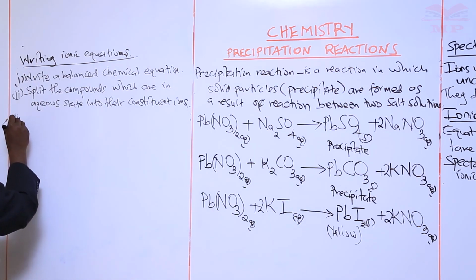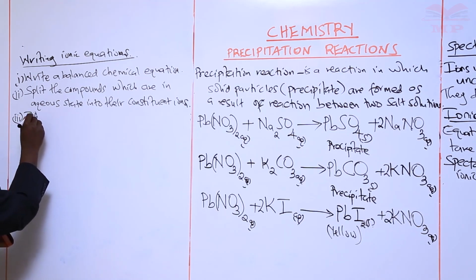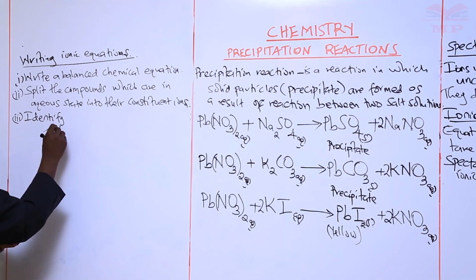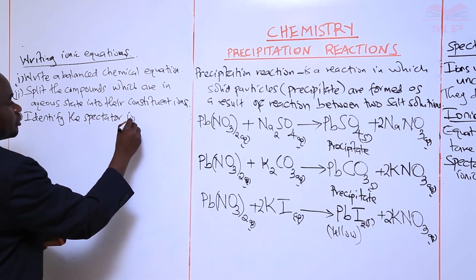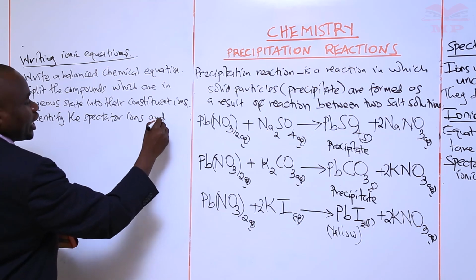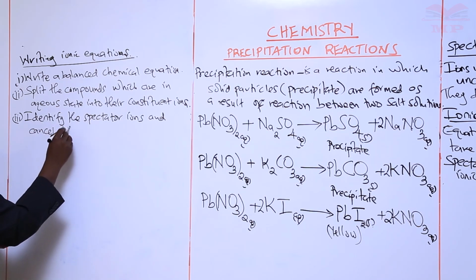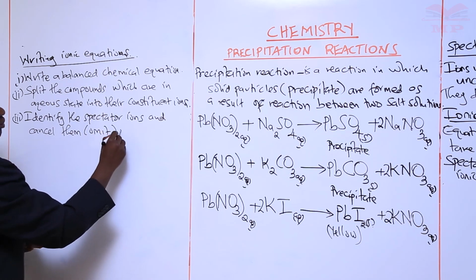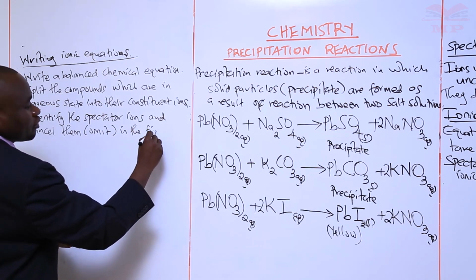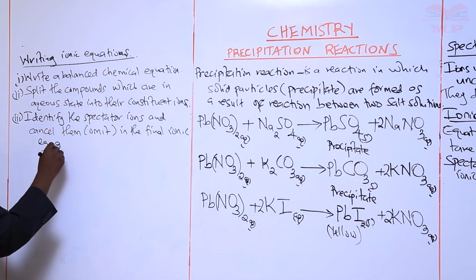The third very important step when writing ionic equation is identify the spectator ions and cancel them, or you omit them in the final ionic equation.